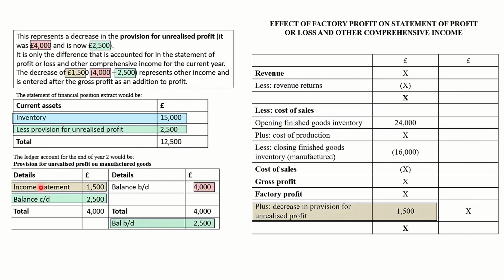Suppose the difference appeared on the credit side, you simply write it as an increase in provision for unrealized profit, and this should be entered under expenses. In this example, we have a decrease, therefore it's a profit on provision for unrealized profit.